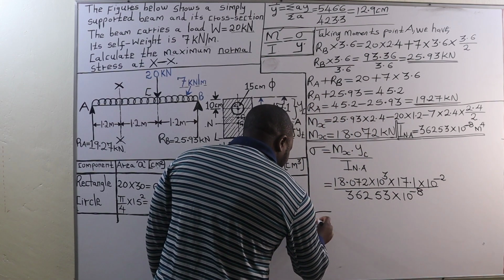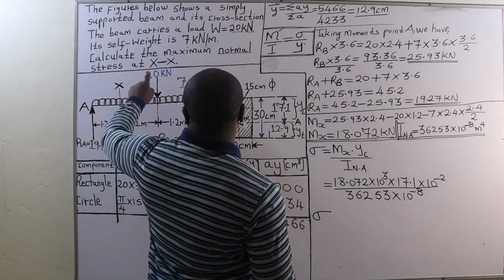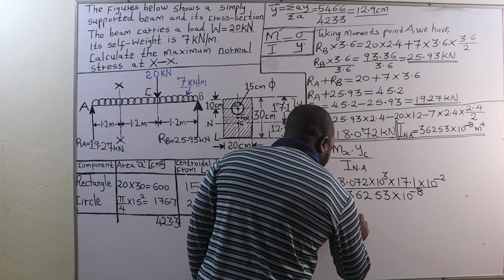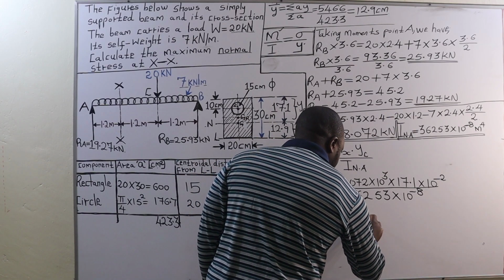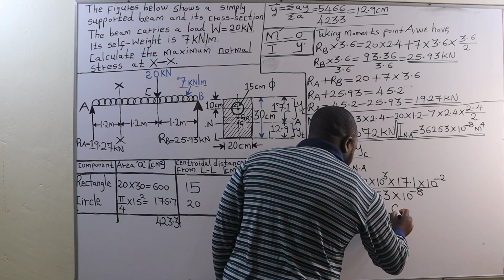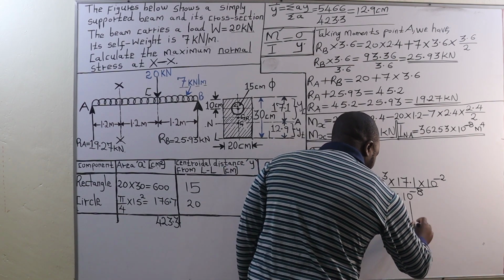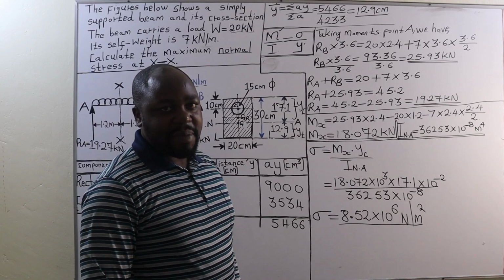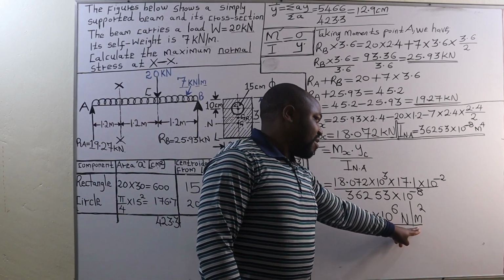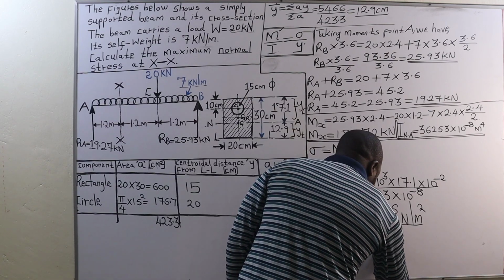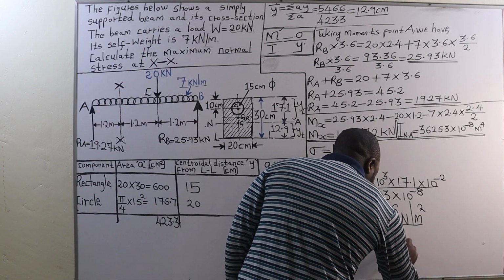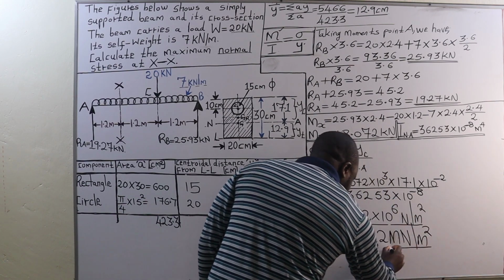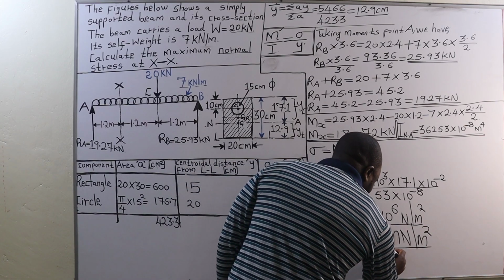Therefore, the normal stress at section XX will be 8.52 times 10 raised to the power of 6 newtons per square meter. Therefore, that is the stress in newtons per square meter. We have to leave this in SI units, 8.52 MN, that is mega newtons per square meter. So that is the value of the normal stress.